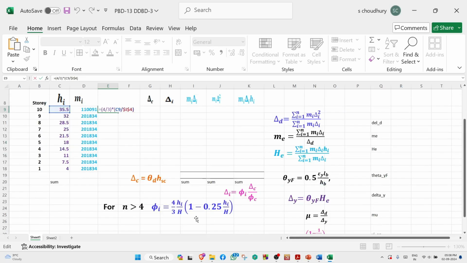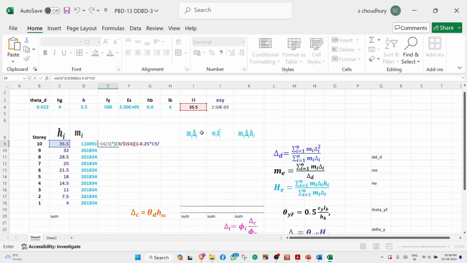So in the formula, this part we have done, then 1 minus this thing we have to do here. So put a bracket, 1 minus 0.25 star hi by h. So we again multiply this hi divided by this overall height, and this is constant.